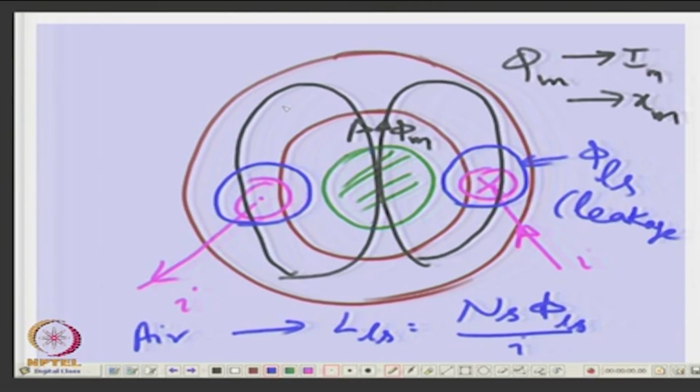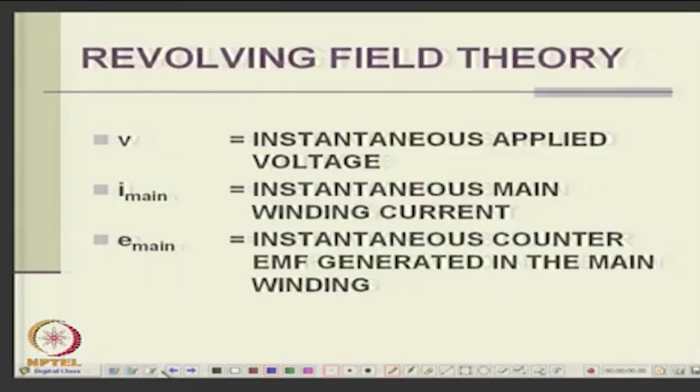If you look at the flux path, if you do an FE analysis, this is what you will get. So, these are the applied voltage, applied current, and this is the back EMF or the induced voltage, which will normally be given by 4.44 f phi m N, typically.